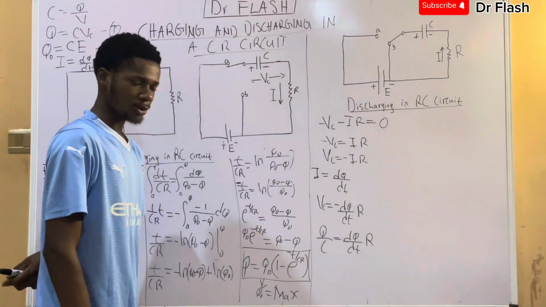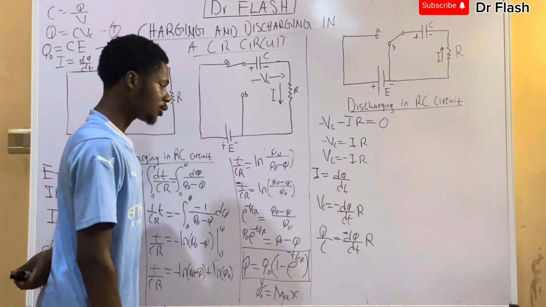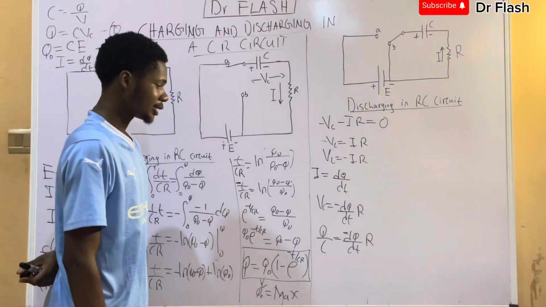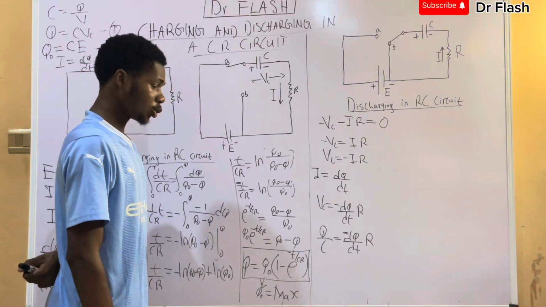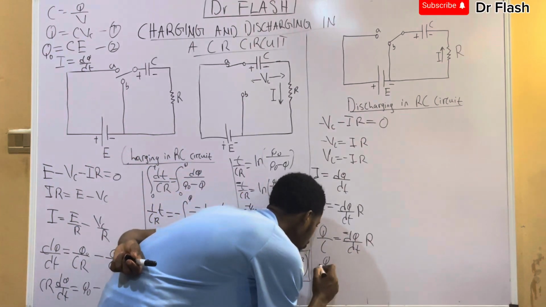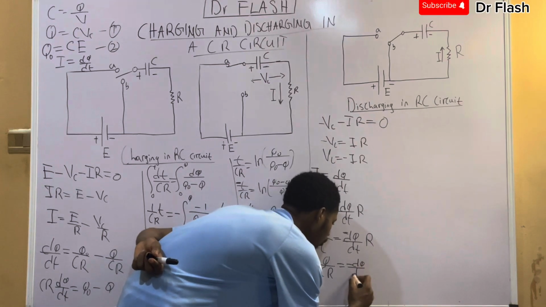I think this makes more sense. And there's a minus, do not forget. Q over C equals minus dq over dt times R. Let's rearrange it and integrate. We're going to get Q over CR equals minus dq over dt.